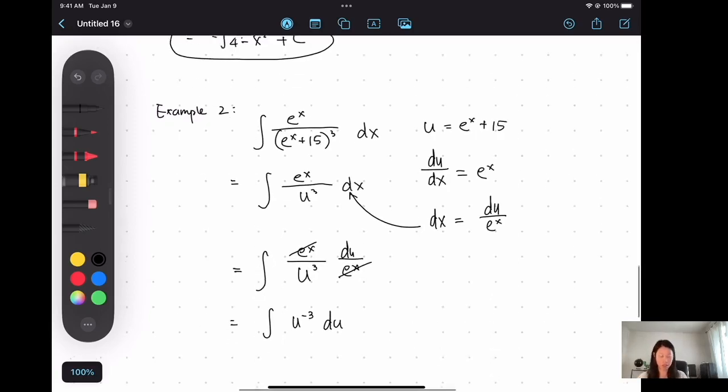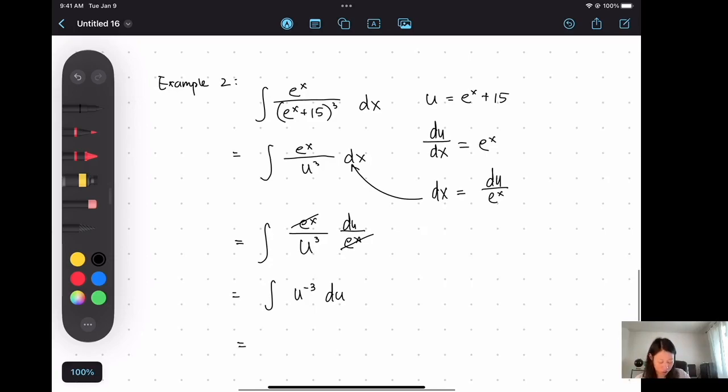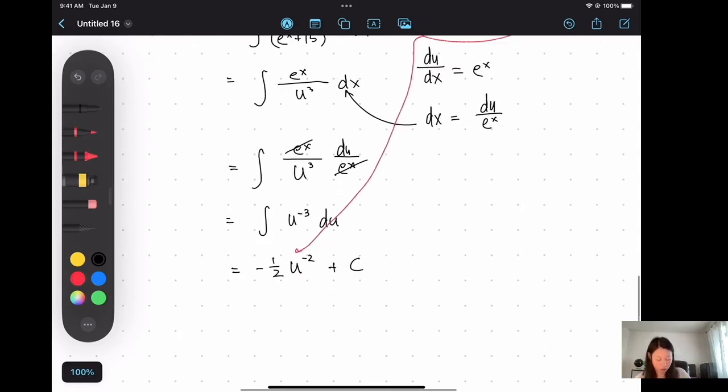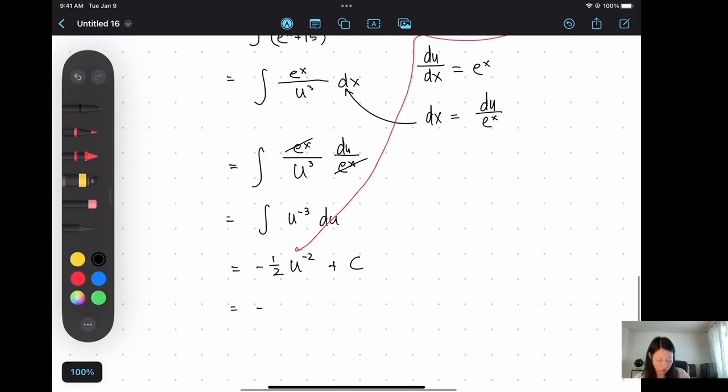Now we can do the antiderivative, which gives you negative 1/2 u to the negative 2, and then plus the constant c. Don't forget to substitute u equals e to the x plus 15 into the original function. So I got negative 1/2 times (e to the x plus 15) to the negative 2, plus c.